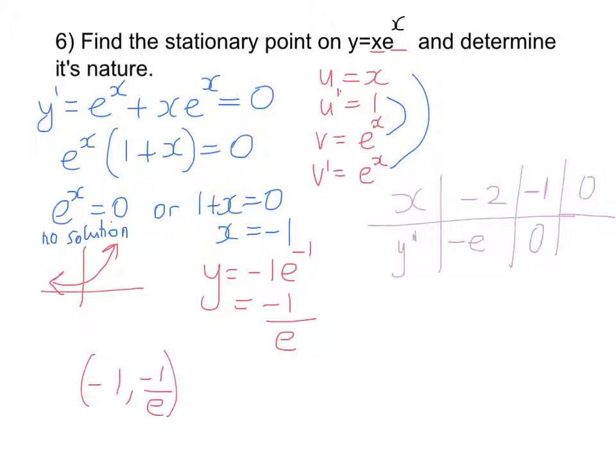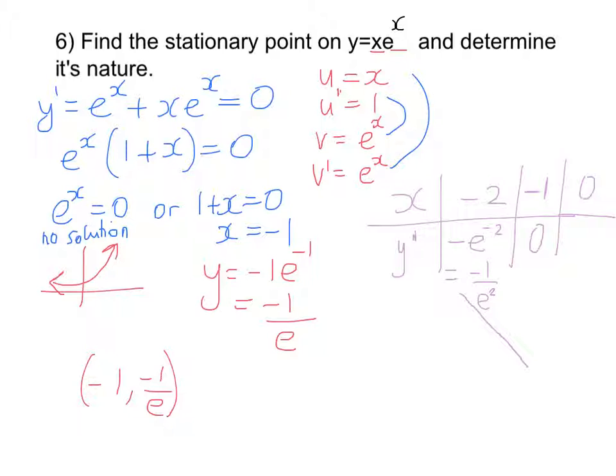Oh, and x is -2, so that's going to be -1 on e squared. Now, e is a positive number, but when you've got -1 divided by e squared, that's going to be a negative value. So a negative gradient means we're sloping like this.